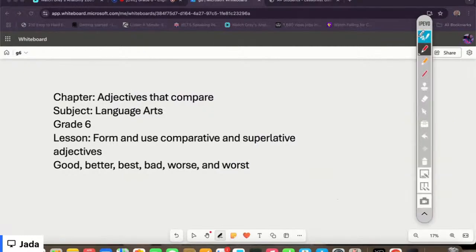Today we will have adjectives that compare. First, you have to log in using aplusstudent.com.